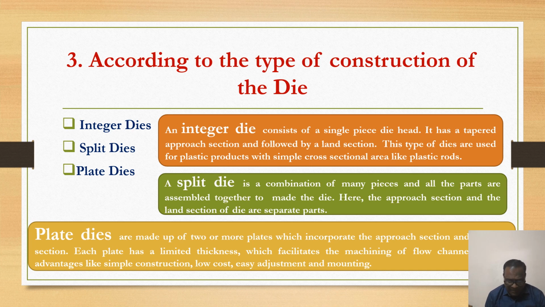So I am repeating, any die has two sections: the approach section and the land section. An integer die consists of a single piece of die head. As I told you, all dies are made from steel material.